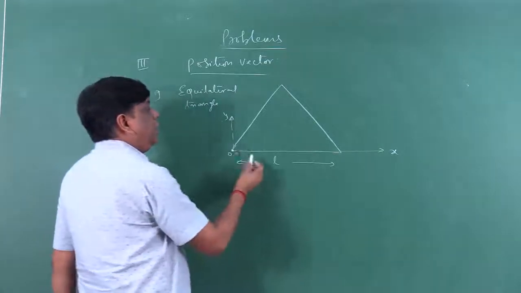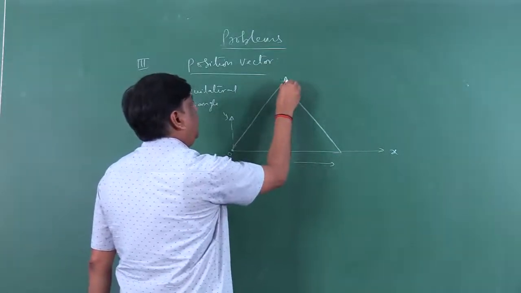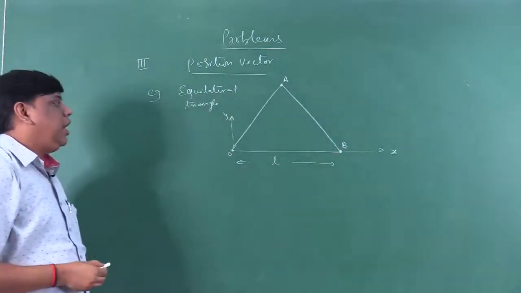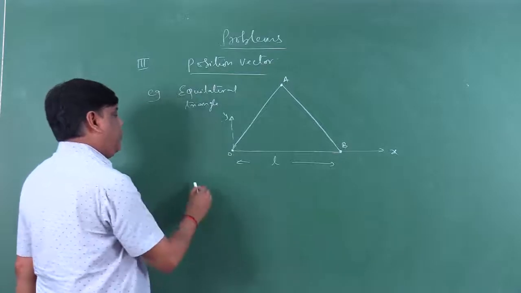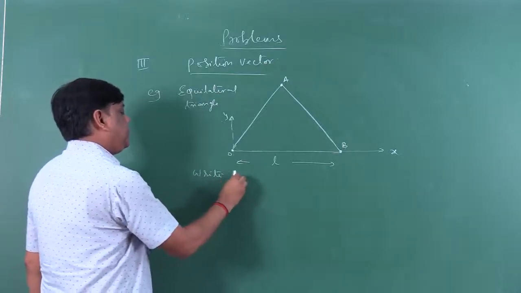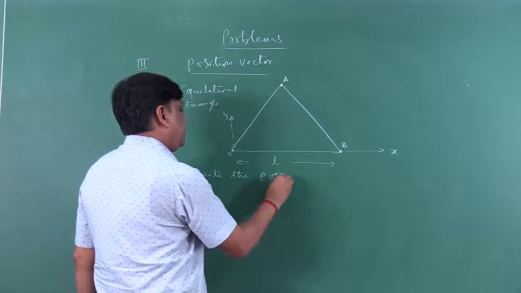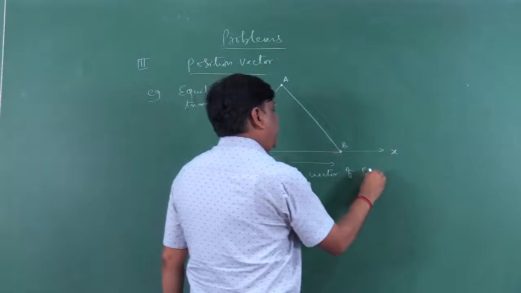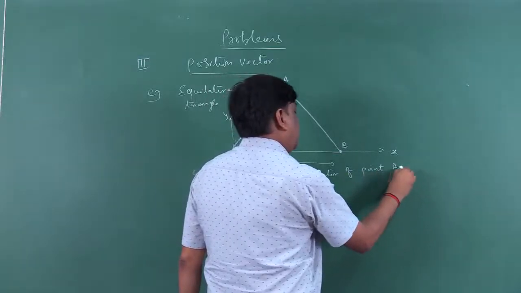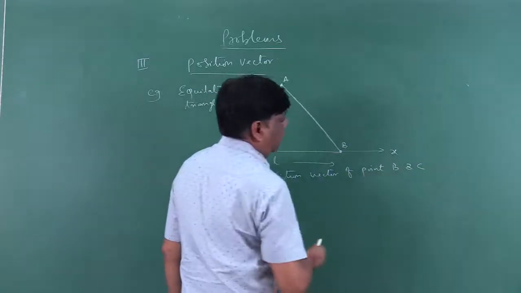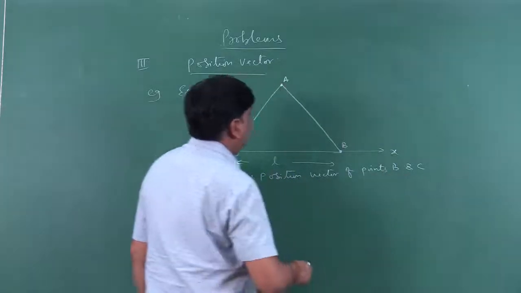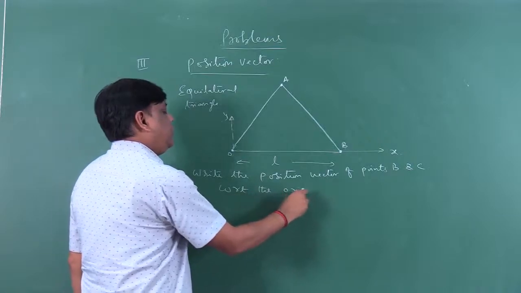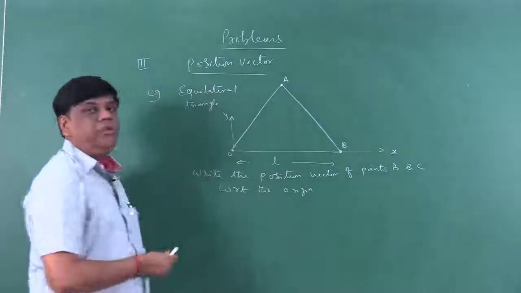So if I consider the point, let us say A and B, the question is to write the position vector of points B and C with respect to the origin. origin के respect में ये points के position vectors क्या क्या होंगे?